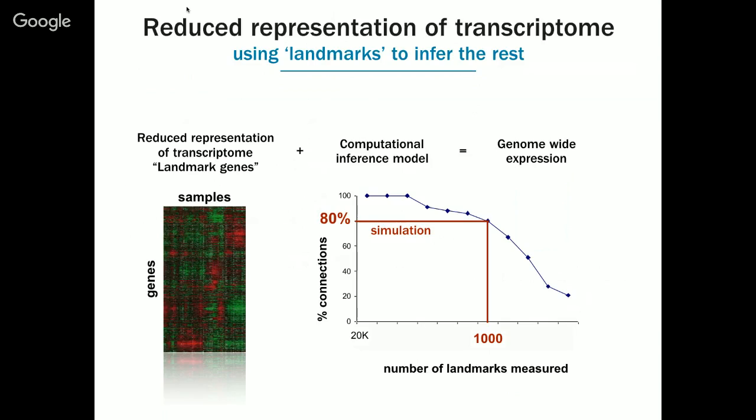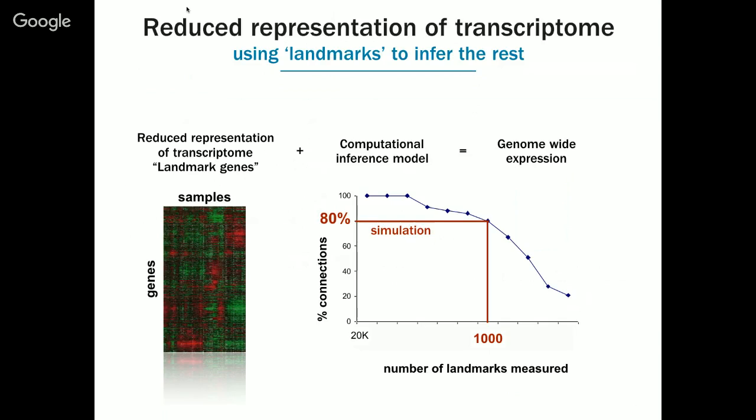So our notion was, rather than measure every gene explicitly, perhaps we can get away with measuring a reduced representation of the transcriptome, the so-called landmark genes, and then use relationships learned from whole transcriptome data, a model essentially, to extrapolate the 1,000 genes that we actually measure in our assay to all 20,000 genes in the genome.